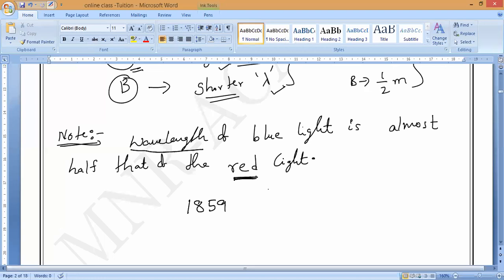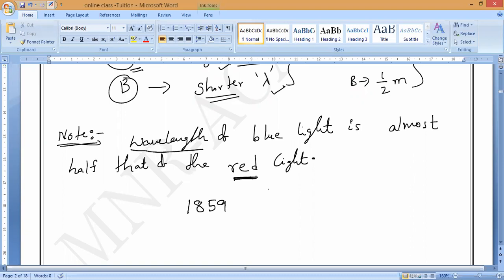Tyndall discovered that when white light, which consists of 7 colors, is passed through a clear liquid having small suspended particles in it, the blue color of white light, having a shorter wavelength, scatters much more than the red color having a longer wavelength.